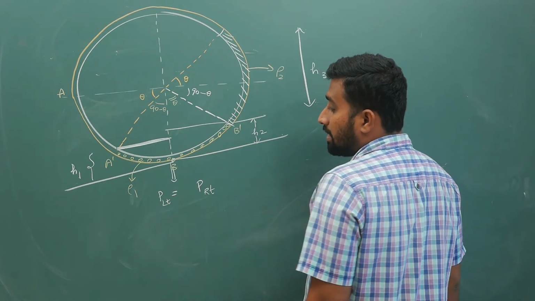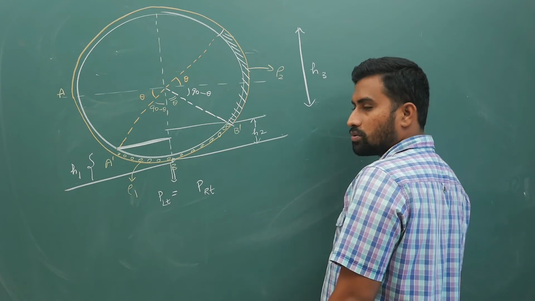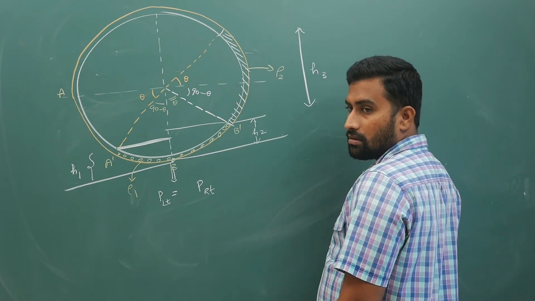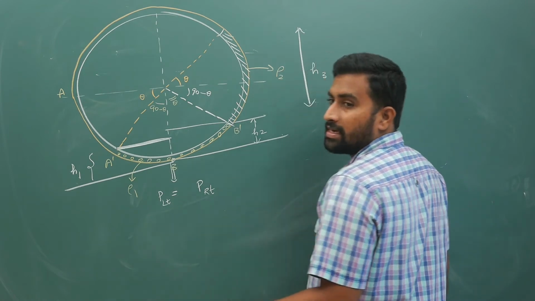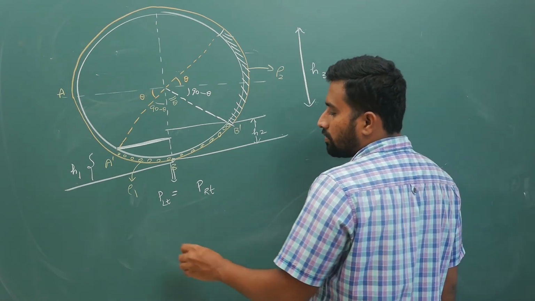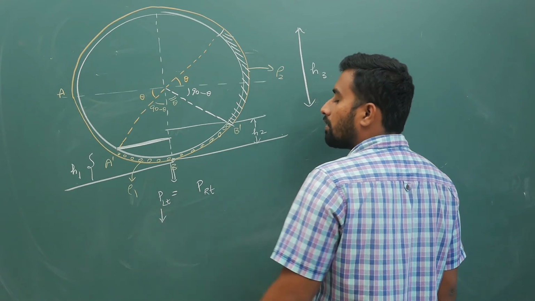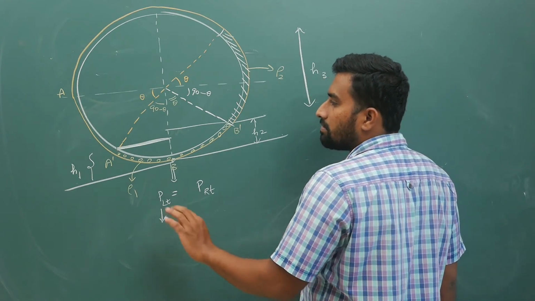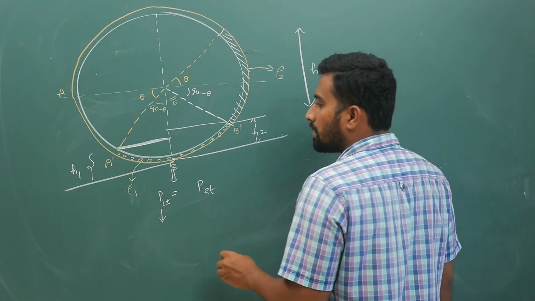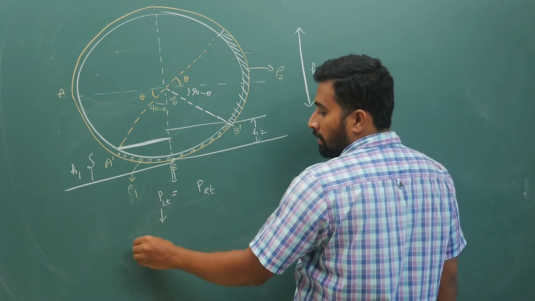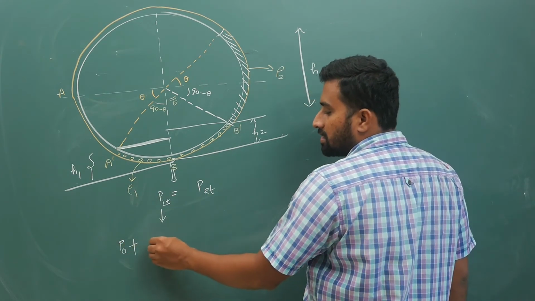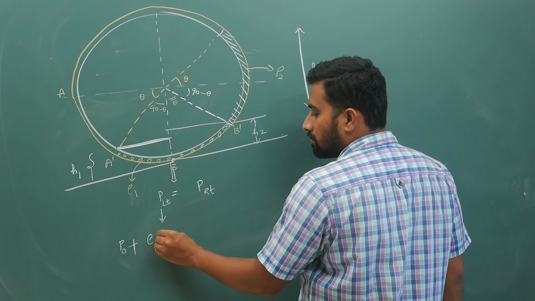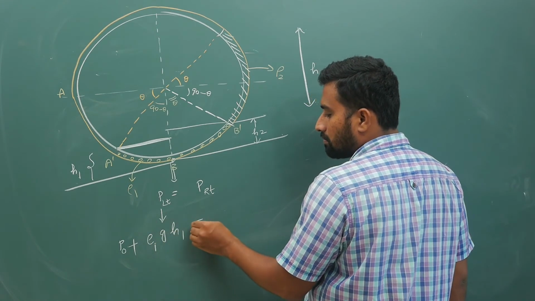You cannot say h1 is bigger than h2. Why? Don't give blind guess. It depends upon ρ1 and ρ2 values. Even if ρ1 is greater than ρ2, maths will take care of it. Now pressure from left is P0 plus density of liquid ρ1 into g times h1.